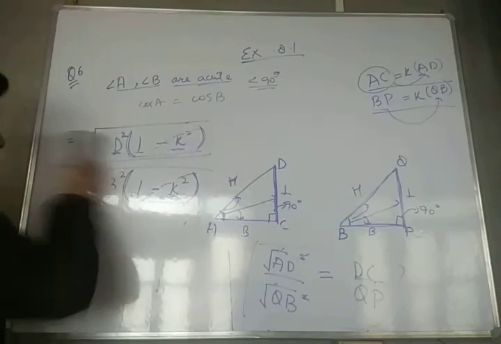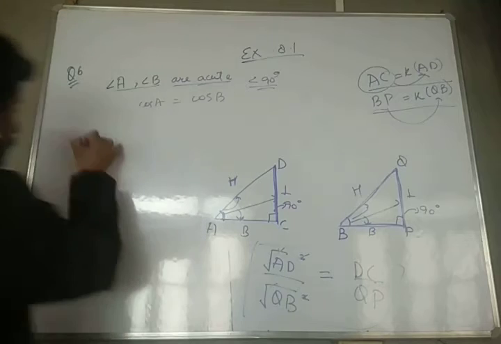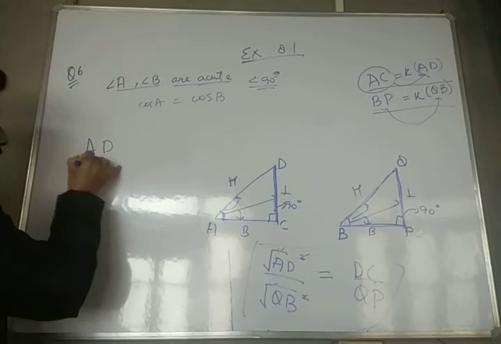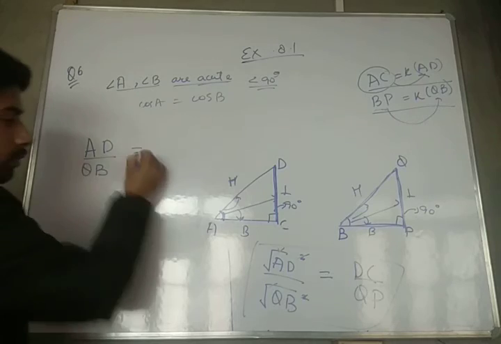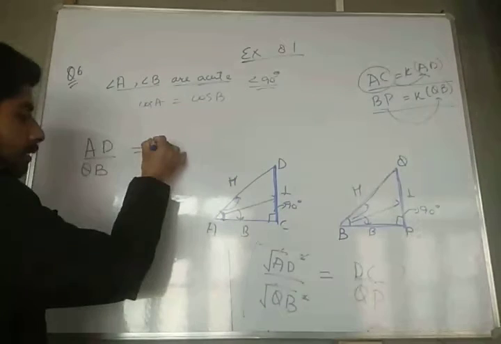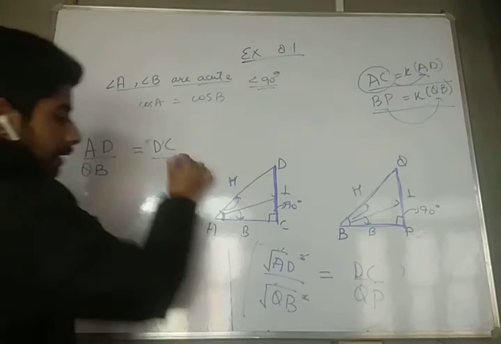Now see, what is the conclusion? We got AD by QB, it's equal to DC by QP.